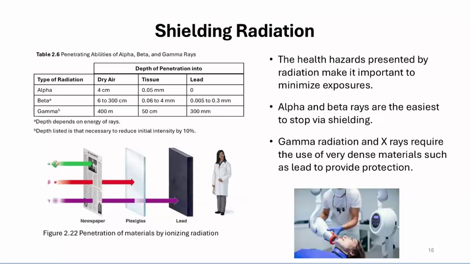Radiation exposure can affect our health. So it is important to understand how, through shielding, we can minimize the exposure to radiation. In table 2.6, we have the penetrating abilities of alpha, beta, and gamma rays.